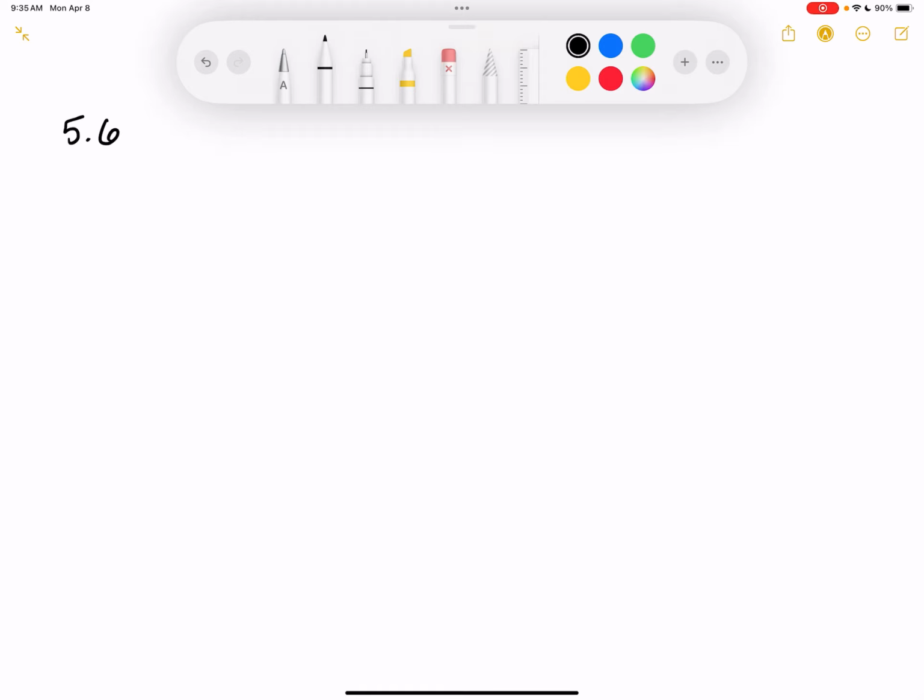All right, 5.6, find rational zeros. So we've got one note thing here.